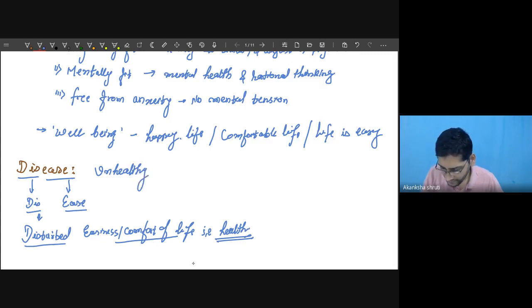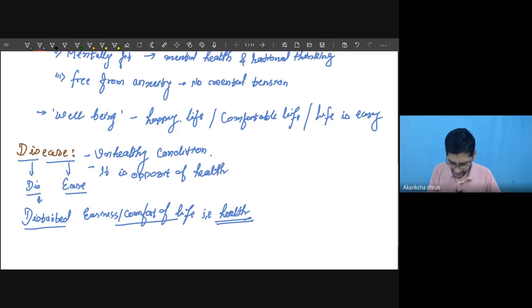Unhealthy condition of any organism is called disease. Means it is the reverse of, it is the opposite of health.